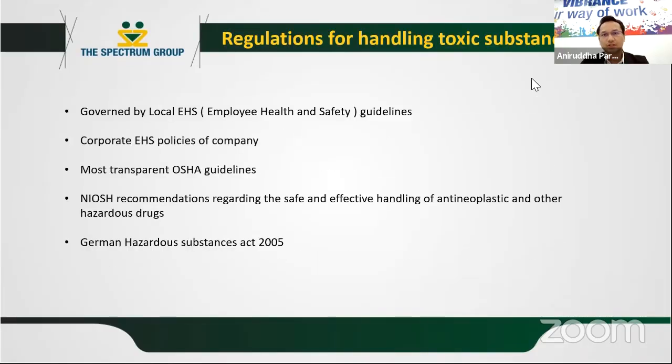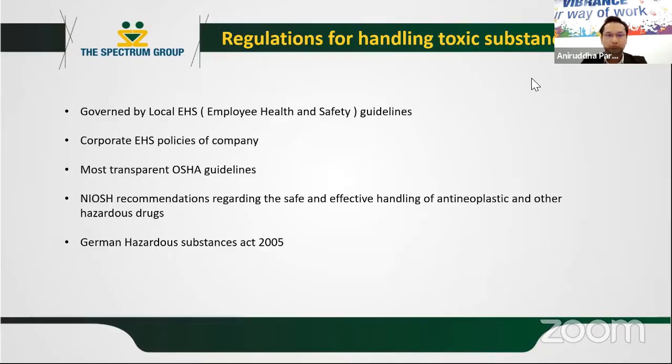The regulations for handling different toxic substances mainly include the local EHS policies or guidelines of the government where the facility is being set up. Then the corporate EHS policies of the company: how strict the companies are about these things, how much they take care to protect their employees. That is one of the important factors these corporate EHS guidelines govern.